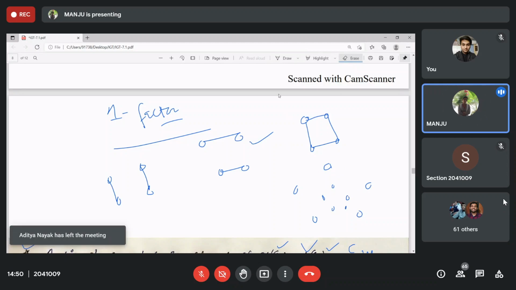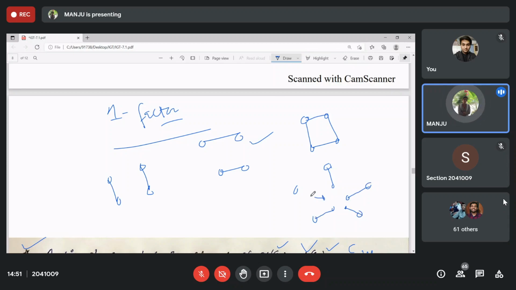Tell me one factor. Can you find one factor in Petersen graph? If outside are UI, these are VI, then UI and VI, right? This is your one factor. Clear? This forms the one factor in Petersen graph.